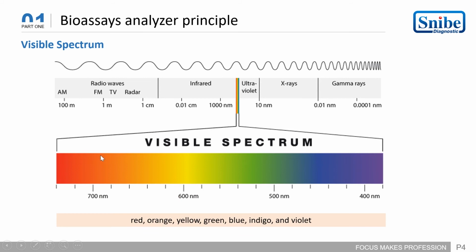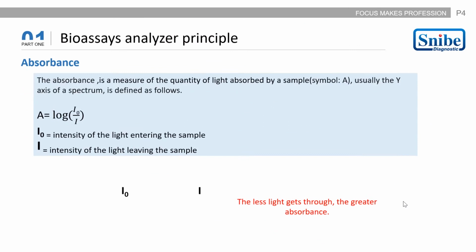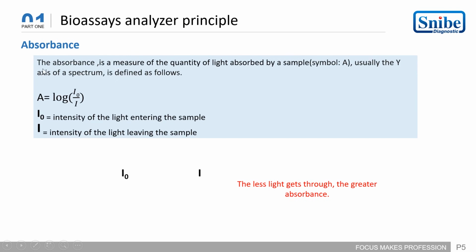In the spectrum, the wavelength of visible light is from 400 to 760 nanometers. Absorbance. The absorbance is a measure of the quantity of light absorbed by a sample. Usually, the y-axis of a spectrum is defined as follows.